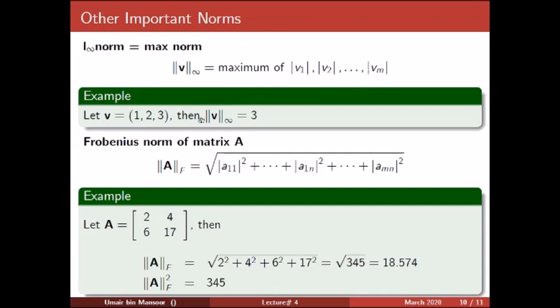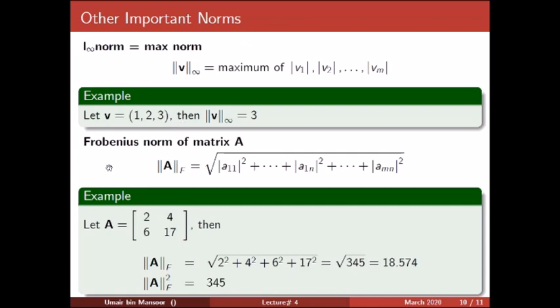For example, if you have a vector in 3-dimensional space with components 1, 2 and 3, it moves 1 in the x direction, 2 in the y direction, and 3 in the z direction. So the L infinity norm would be 3, just the maximum value among these components.